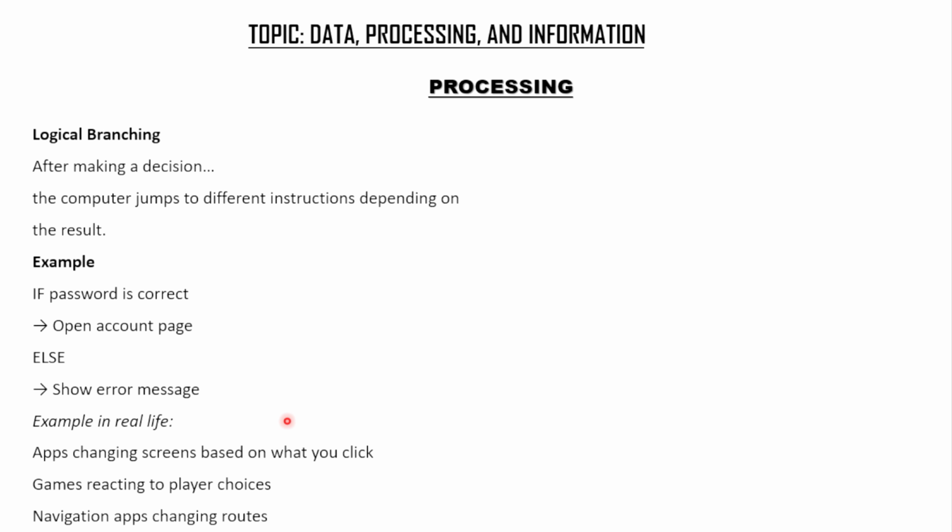So let's come to logical branching. That's finally the fourth one. This happens after a decision is made. The computer jumps to different instructions depending on the result. If the answer is yes, the computer follows one path. If the answer is no, it follows another path.